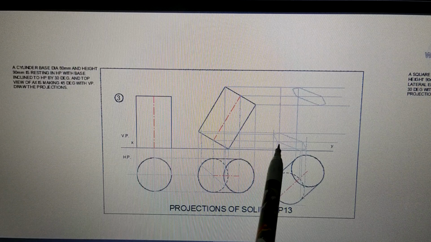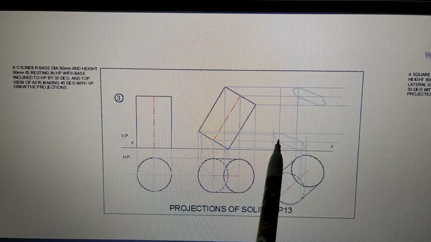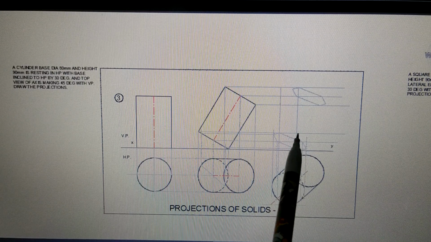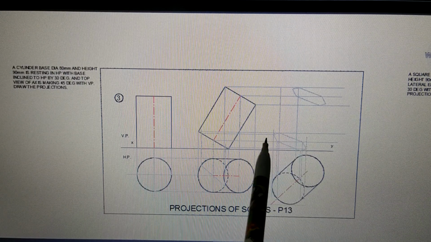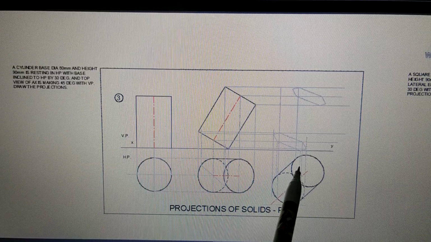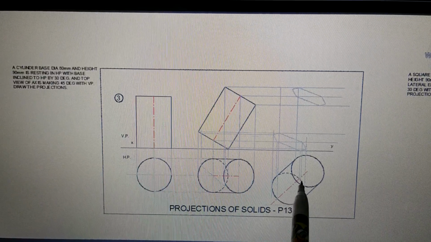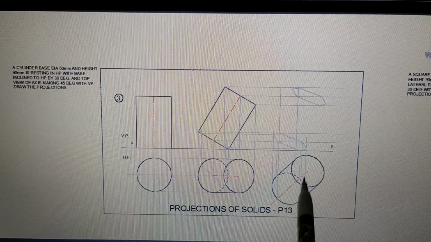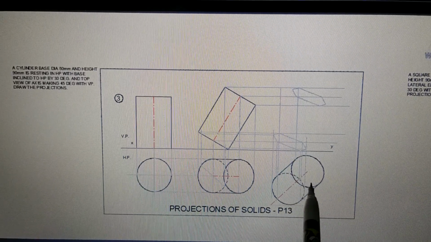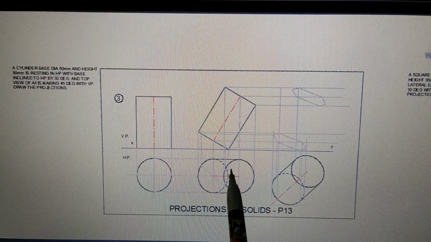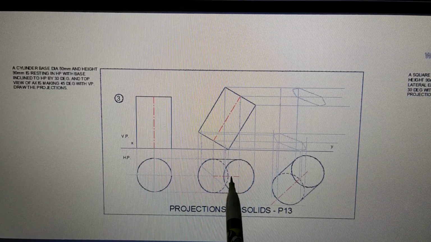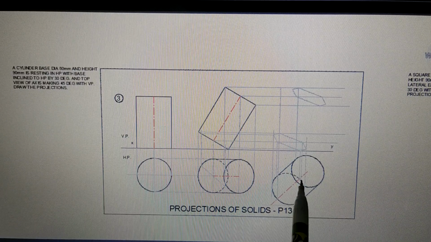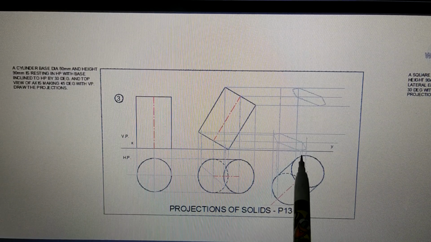So I have shown only the points which are going to be on the circle. If you have to have a look at these points, how they are taken, you can have a closer look at this figure and you will come to know that this base is going to be this base, and out of that the point on which it is resting is this point. So this is the point on which it is resting. That point when you project, it will come here.